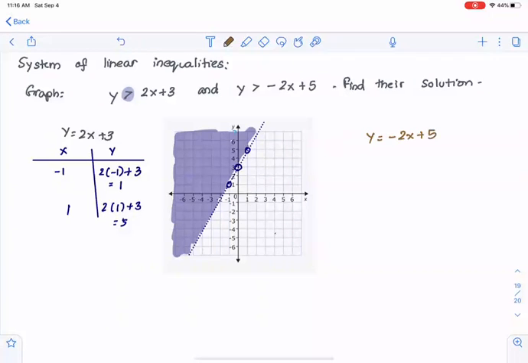-2x plus 5. We already know the y-intercept is 5, and I'm going to put an open dot because we have greater than. Pick some values so that we can draw a line.